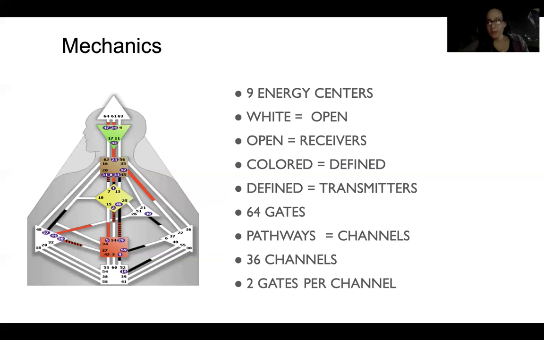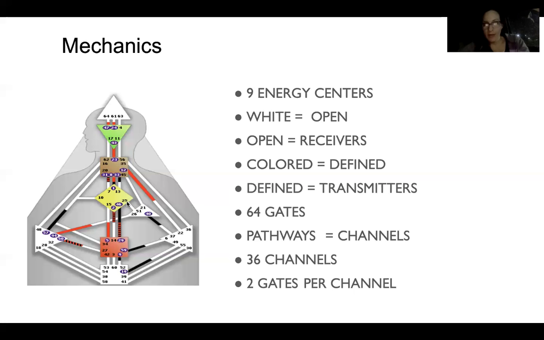There's 64 gates, and that is, do you want to circle that for them? The numbers. These little numbers down here, there's a space next to them that can be colored in or not colored in, and that is a gate. So she's showing right there, the 46 is activated, it's defined, and it's black. So those are the gates.